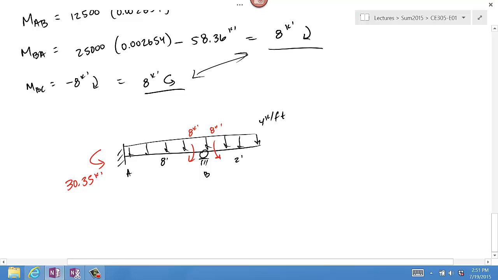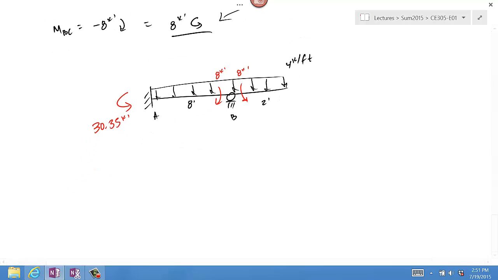Now, if you look carefully, you actually don't need those two internal moments to calculate the remaining reactions. It's fine to show them there, but you don't need to break up the structure into further smaller free body diagrams. You can just consider one big complete free body diagram and then solve for AY and BY.